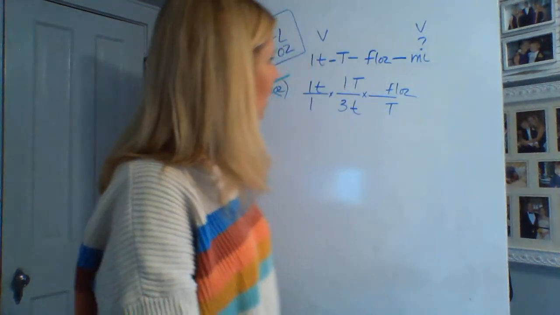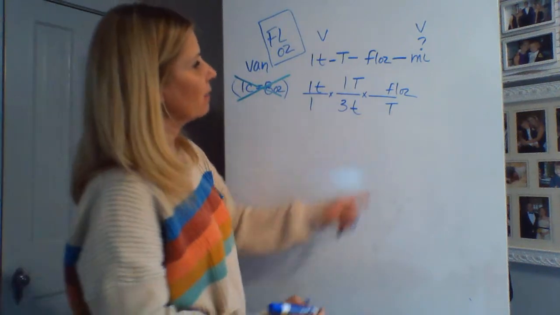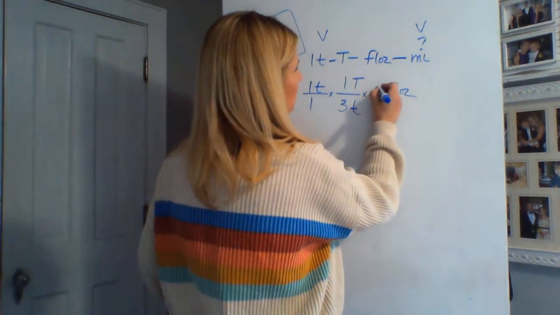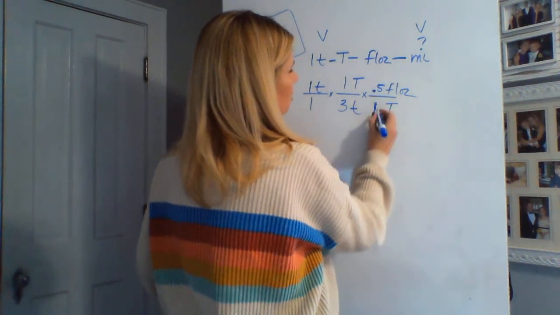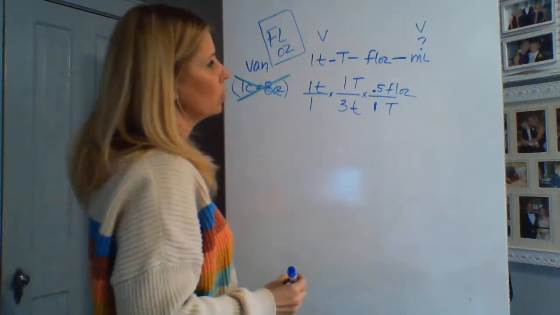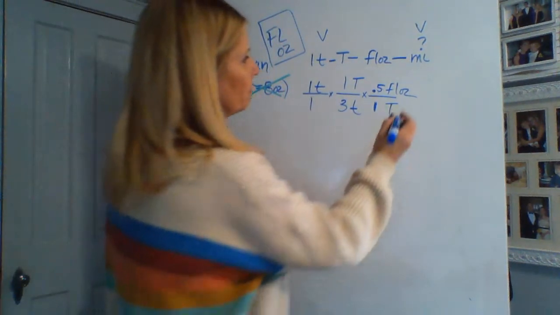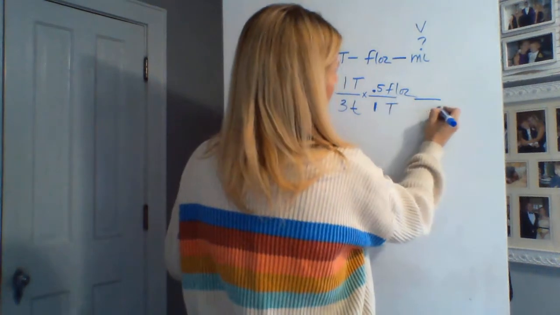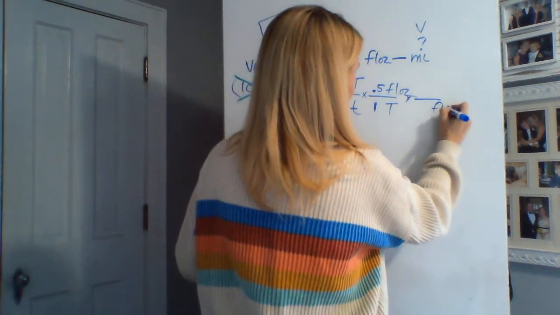Assuming that you forgot that, or that you're going to forget the next one, don't forget to go back to page 9, and you'll see that 1 tablespoon is equal to half of a fluid ounce. And then we bring fluid ounce down here.